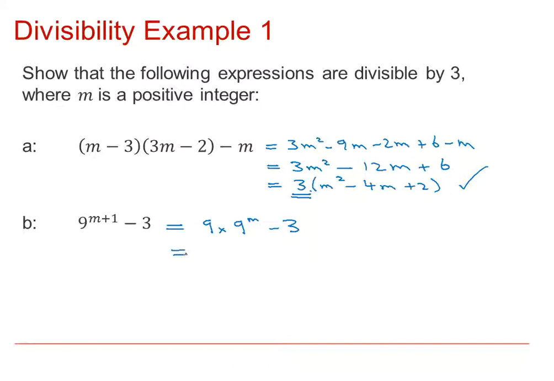And now I can take 3 out as a common factor again: 3 times (3 times 9 to the m minus 1). Again, not too worried about whether I can do any more algebra on the bracket. What's important is that we've factored out the 3, and therefore it's divisible by 3.